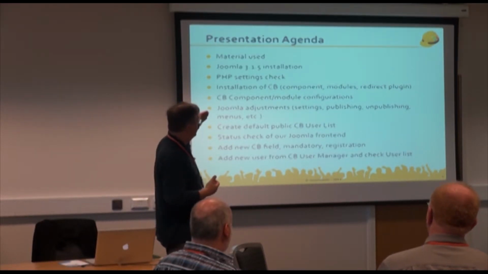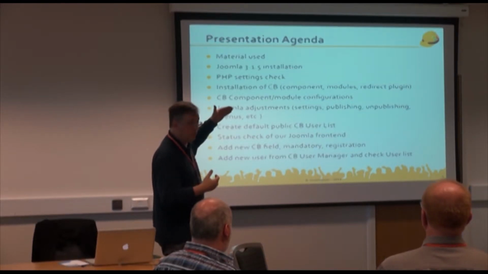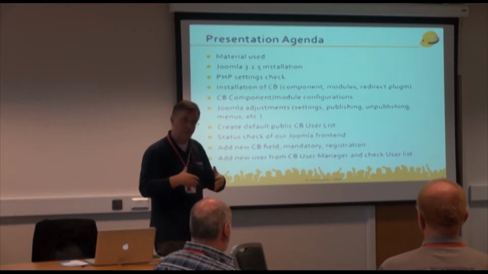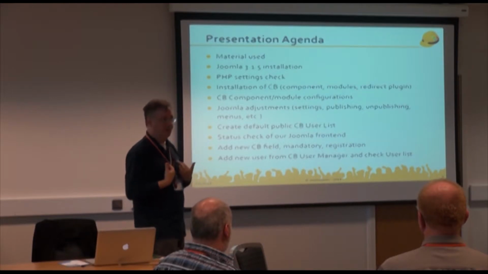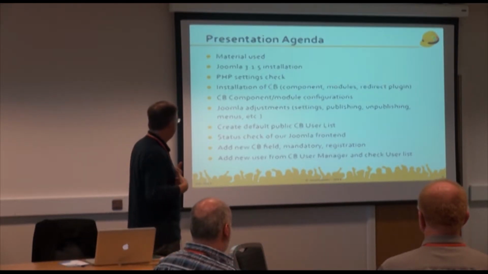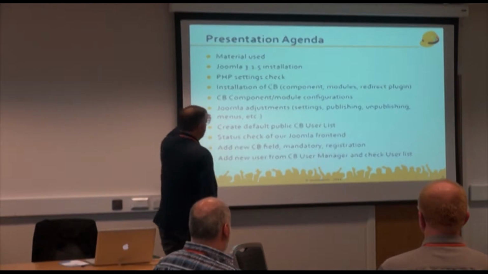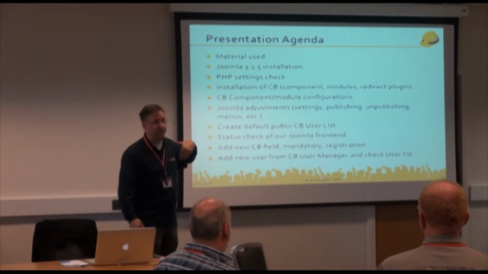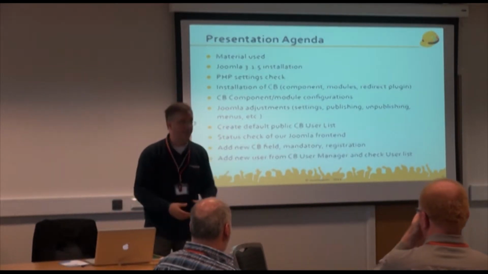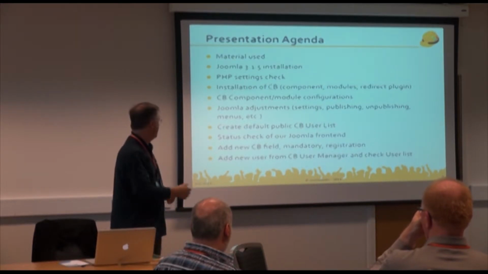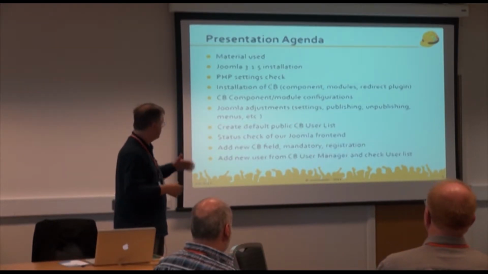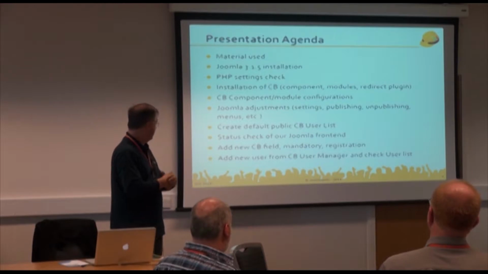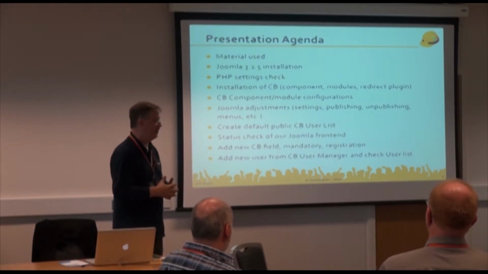I'll go through installing the Community Builder component. I'll do some quick configurations, at least some things I do when I install. And then I'll go through some Joomla adjustments. Have to turn some things off in Joomla and turn some things on. I'll create a default public user list, and I'll take a sanity check, see what's happening to the front end. Right?